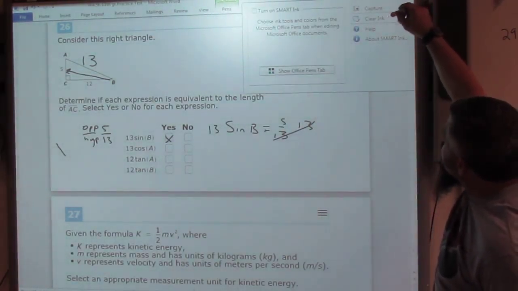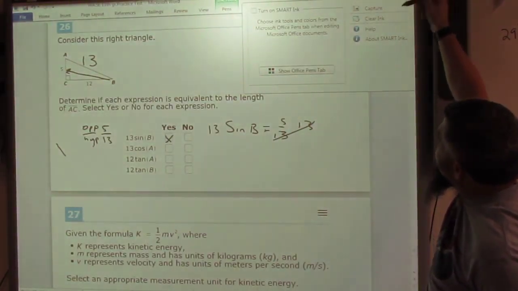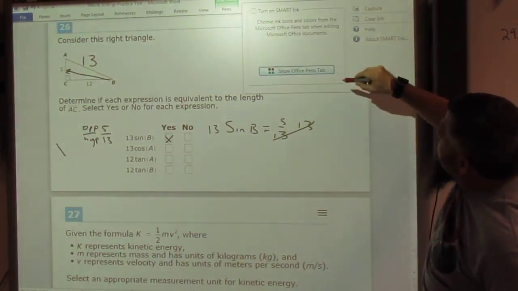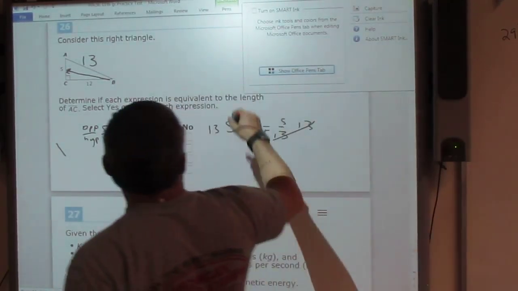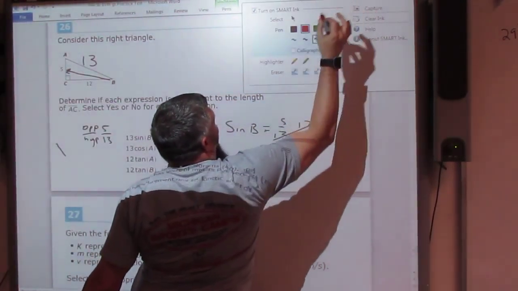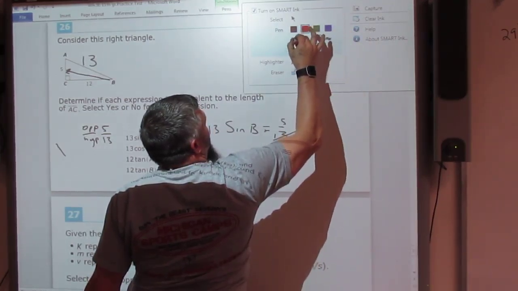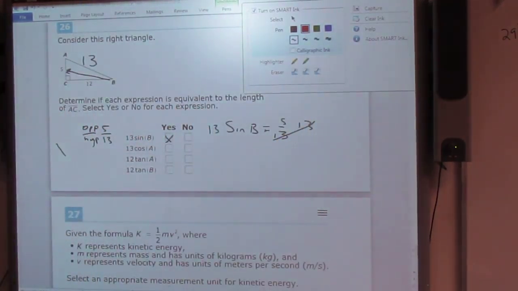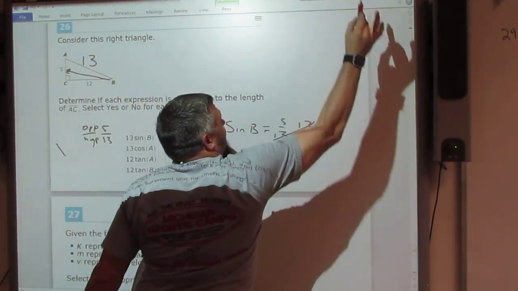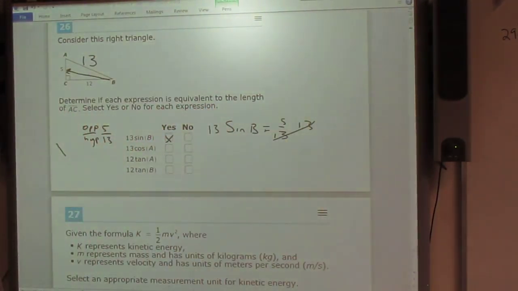No. Yes. Wait, where's the ink? Oh, turn on Smart Ink. There you go. All right, now we can do it. Do you have to restart now? No, we're still doing it. It's all right. Just different colors. They can fast forward if they want.